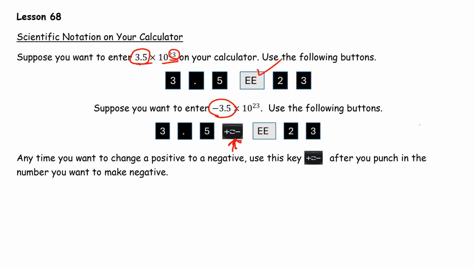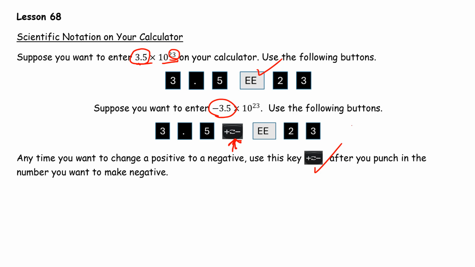And then you just continue the way you did the first one. You hit the EE button, and then you hit 23 to tell your calculator you want negative 3.5 times 10 to the 23rd.